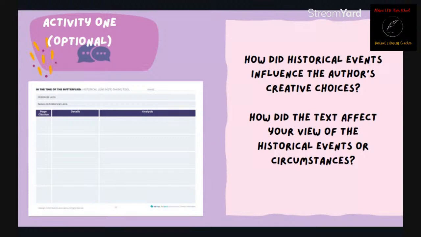To support students, the teacher might consider displaying their input in front of the class using a whiteboard or piece of butcher paper while students are sharing the details of the historical lens. We should definitely have a historical lens anchor chart posted in the classroom.